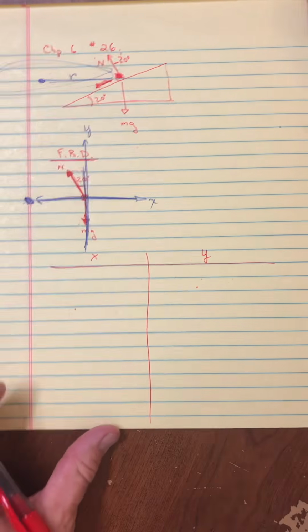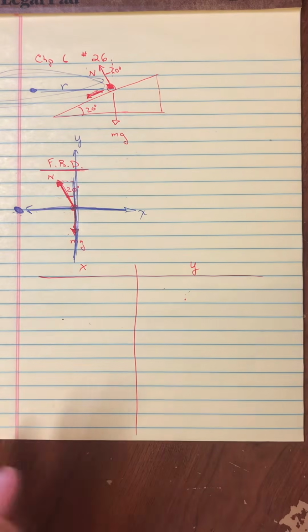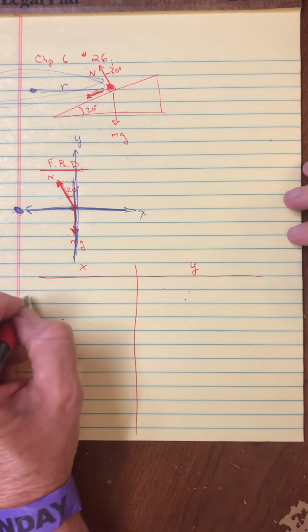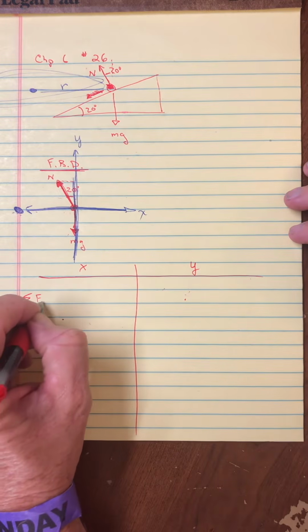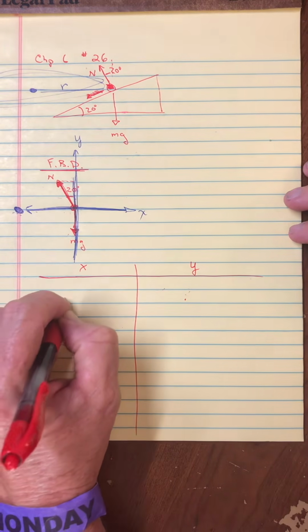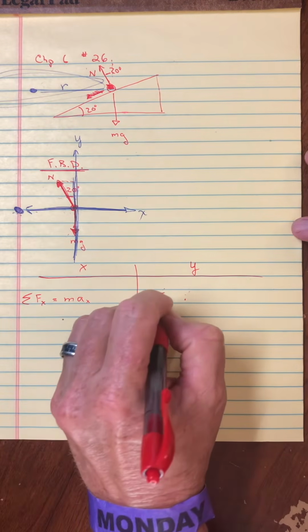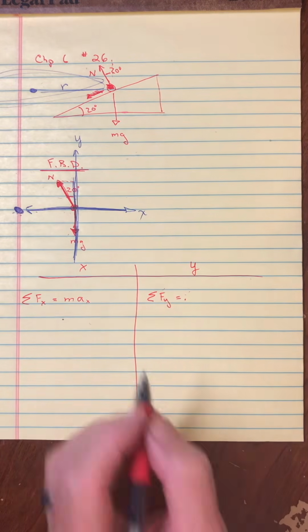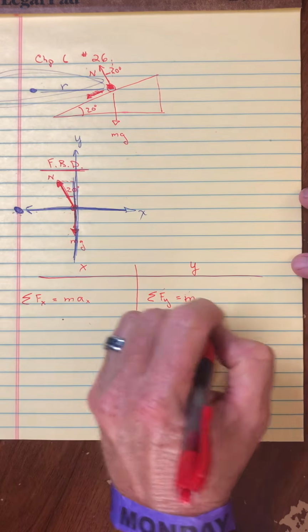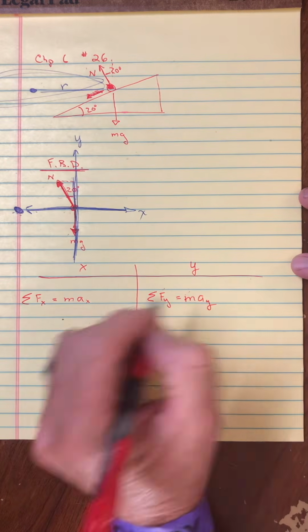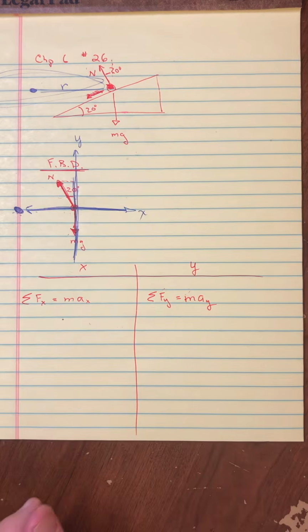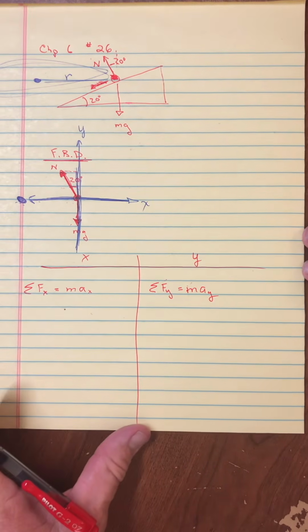So, again, this is that first step to number 3, which is to write out the equation. So I'm going to say add up all the forces in the x direction and set it equal to mass times acceleration in the x direction. And over here, I'll say add up all the forces in the y direction and set it equal to mass times acceleration in the y direction.